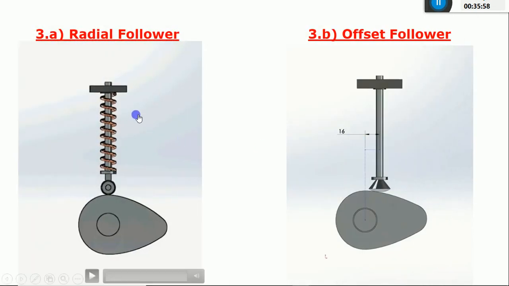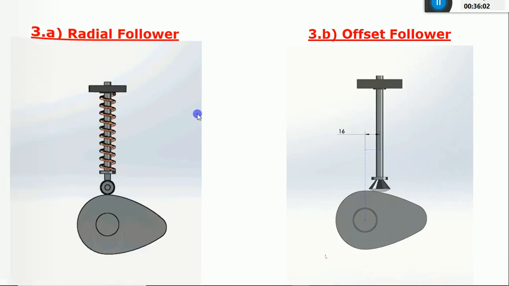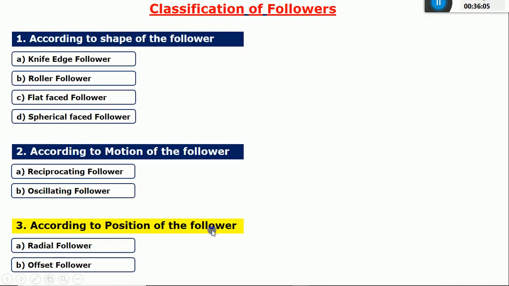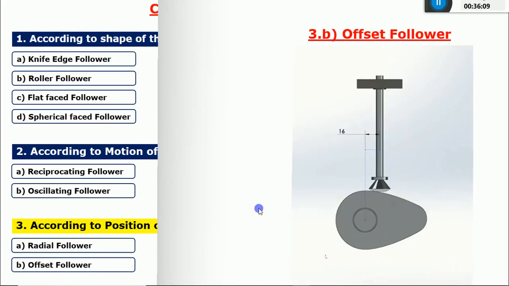Okay, so this is the third classification, the third criterion based on the position of the follower. The first one is the radial and the second one is the offset follower.